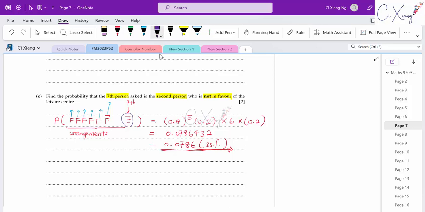Alright, some students might want to simplify their steps. What they do is they straight away write 0.8 power 5 and 0.2 squared, and they straight away multiply with 6 by considering the arrangement for the first 6 persons. Alright, so this is how we answer question number 3.